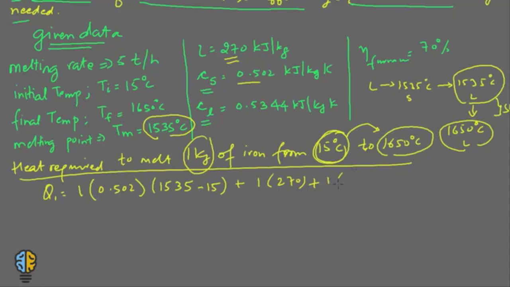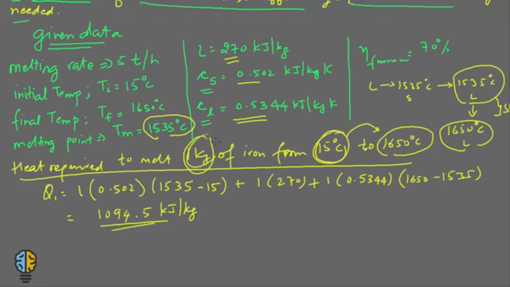So this becomes 1 plus the specific heat capacity in liquid state, 0.5344, into 1650 minus 1535. So when you calculate this, you get a value of 1094.5 kilojoule per kg, because this is for 1 kilogram of iron.